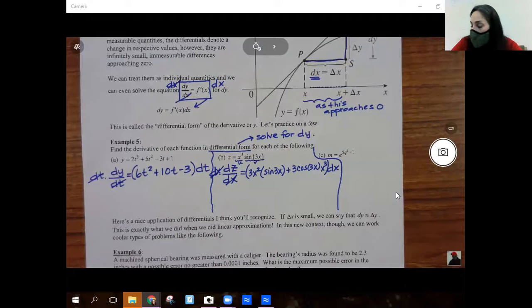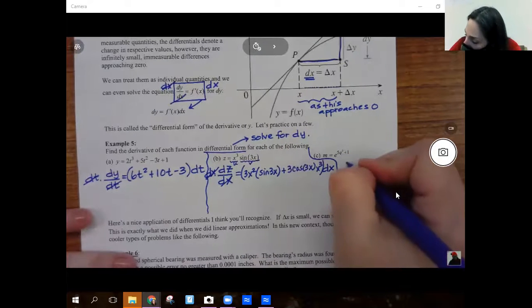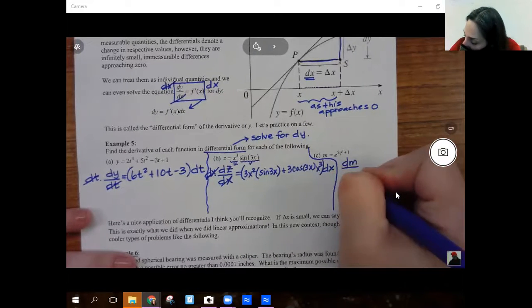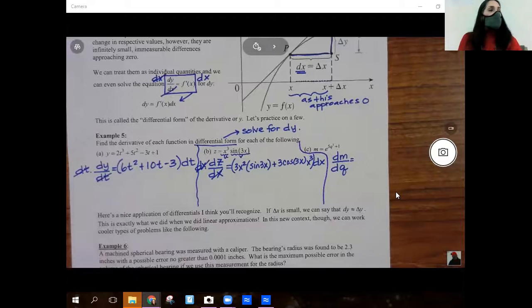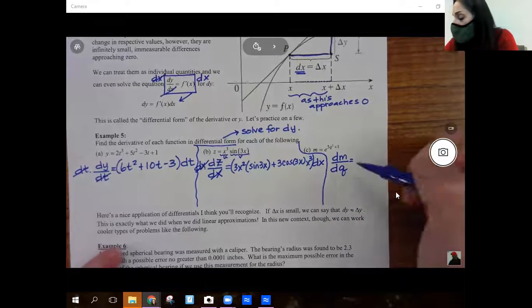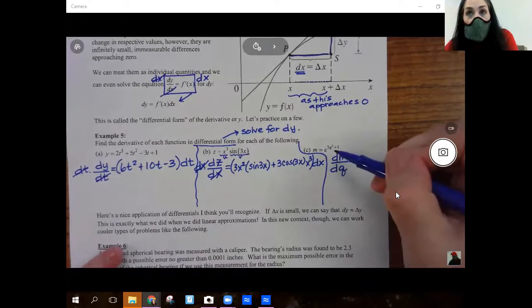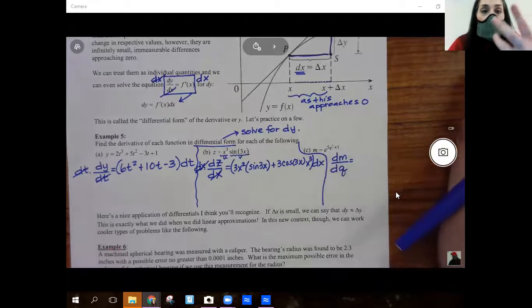Letter C, take the derivative. So this is dm dq. Now this is an exponential. Take the derivative of the exponential. So this is a way to get you to review those derivatives, right? We did a little bit of everything in this one.